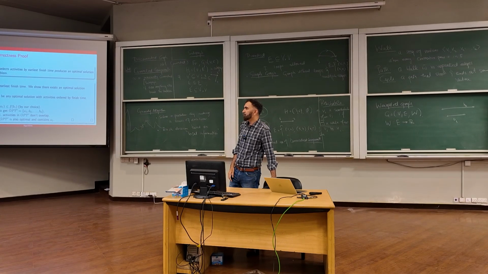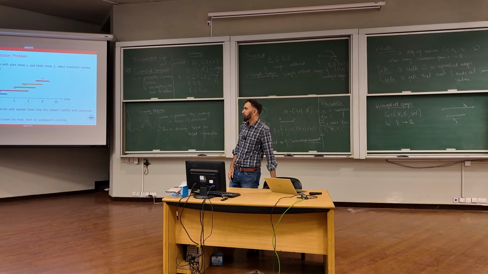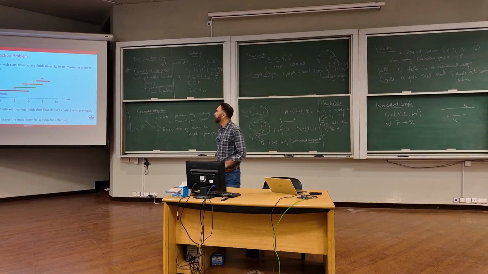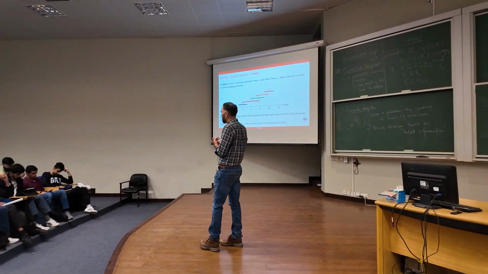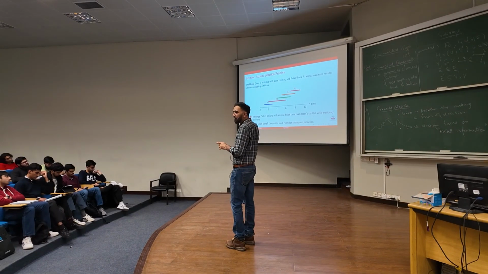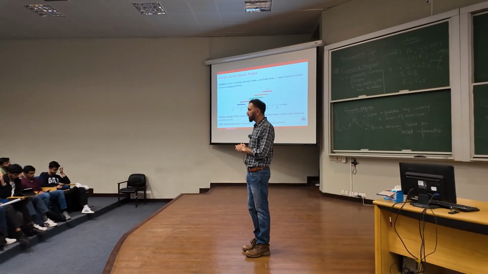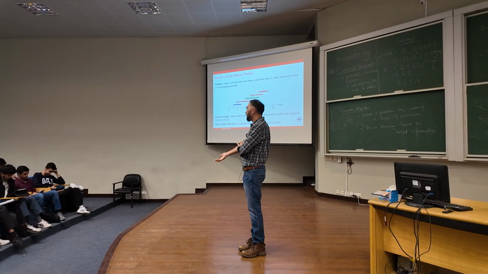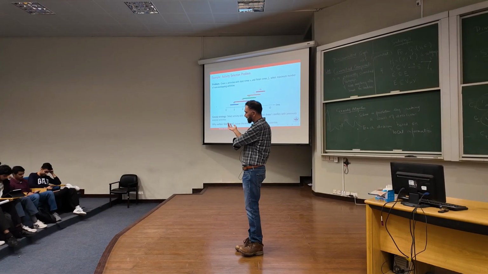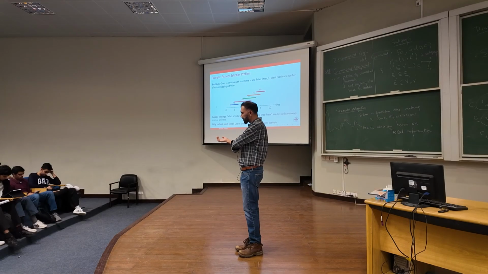So the question is, for this problem, can you have multiple optimal solutions? Definitely, you can have multiple optimal solutions. For example, a simple case you can build, in which there can be multiple solutions, is that you have a million activities and all of them are overlapping.